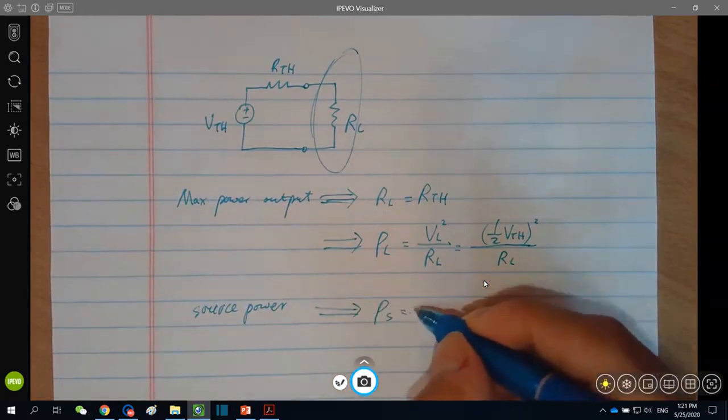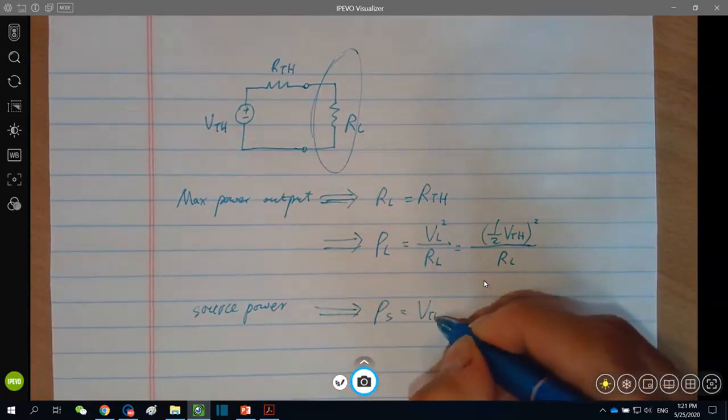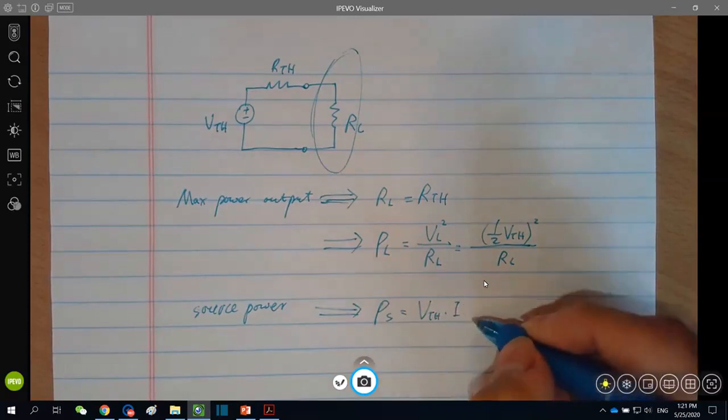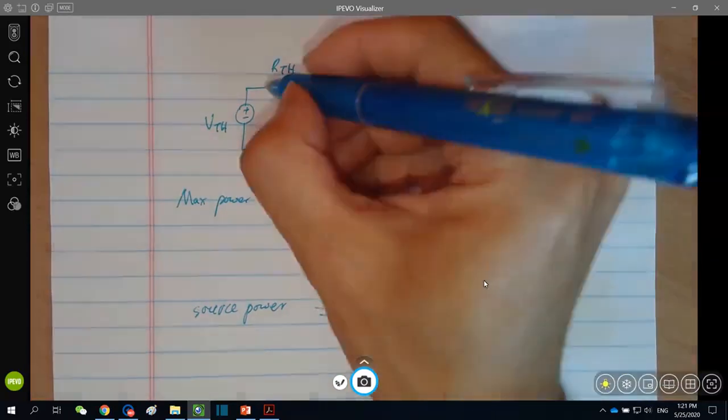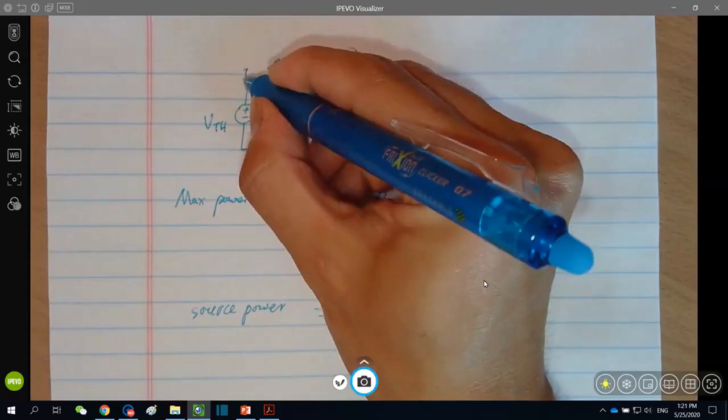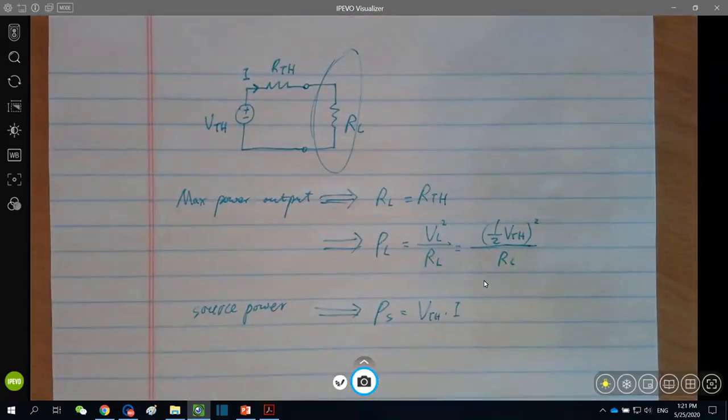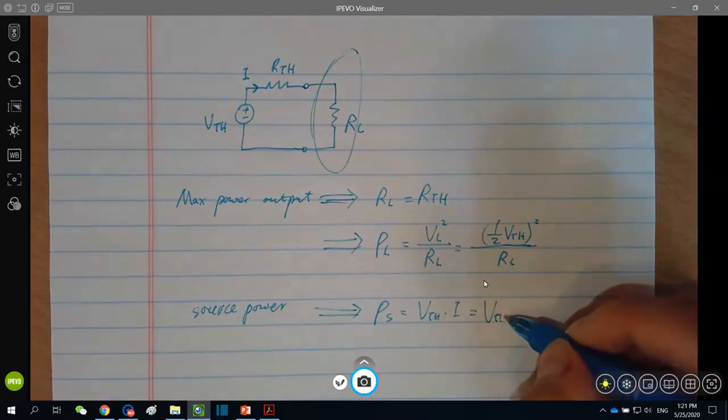Source power equals VTH times I, where I is the current that flows through this loop, which is also the current feeding the load.